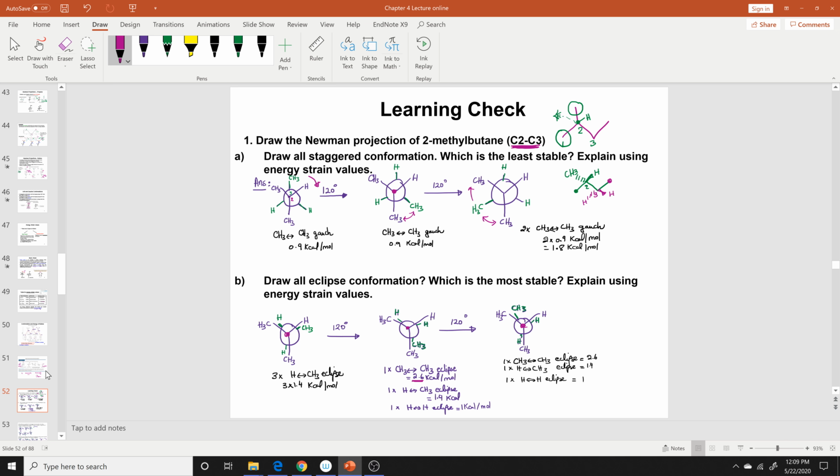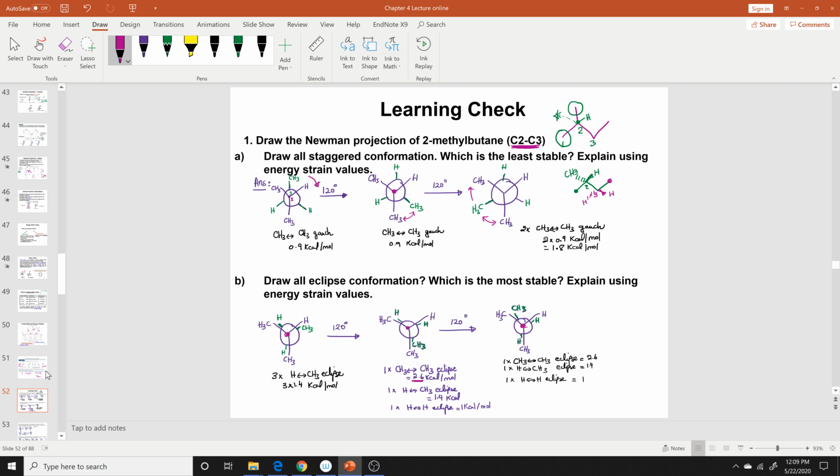If they are at a 0 degree angle apart from each other, this means that they align with each other, they are basically close to each other, so there is a steric strain here. On top of that, because they are eclipsing each other, there is a torsional strain. So there are 2 types of strains in here. With this one, you have just the torsional strain, which is eclipsing of the bonds.